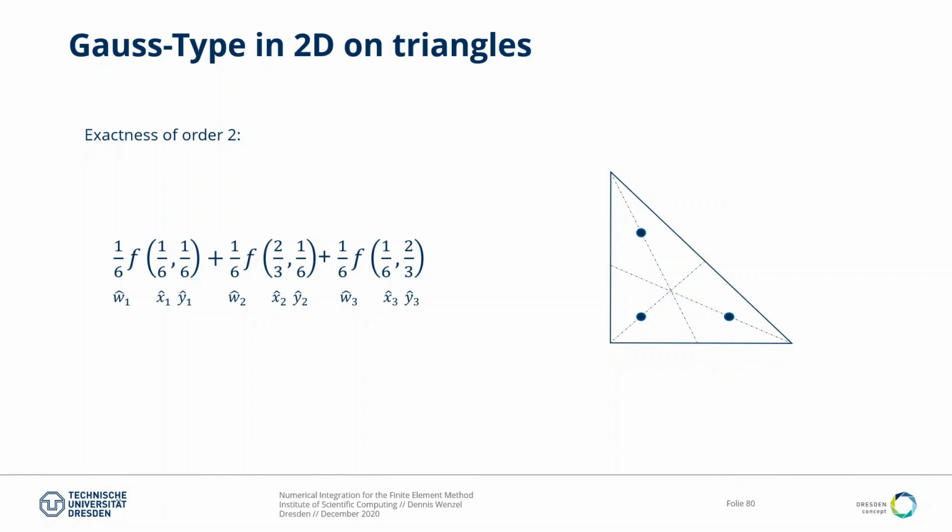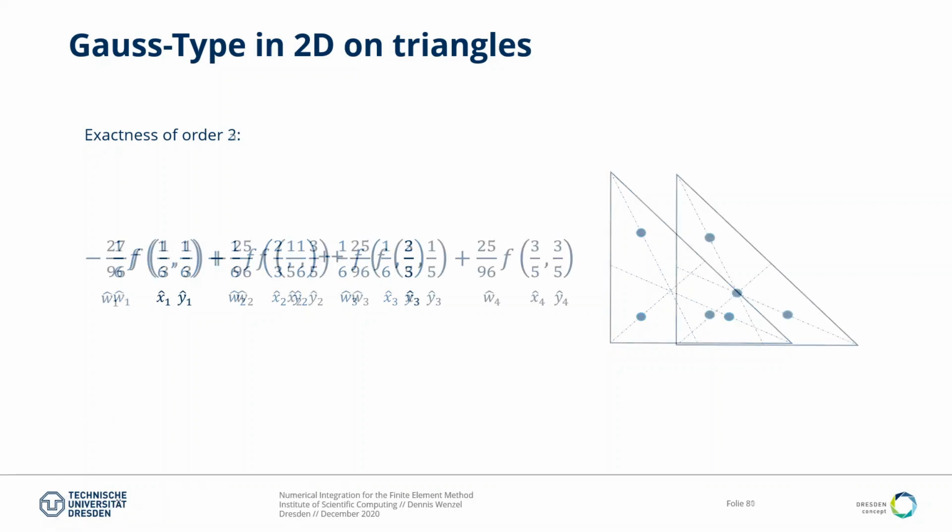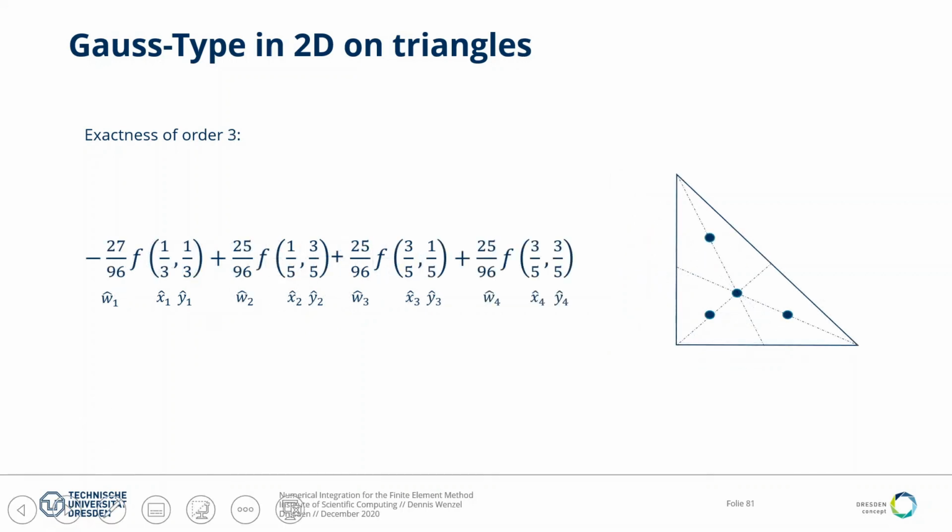And looking at this image here on the side, you see that those points again follow a very particular geometrical interpretation. This is also kind of intuitive. Those 3 points are in a sense an optimal spreading of 3 points over the triangle. And then if you go to order 3, you have even one more point.